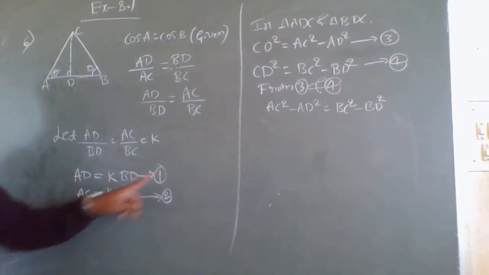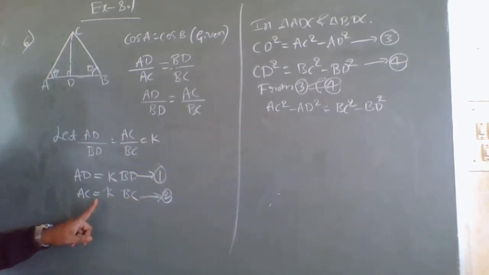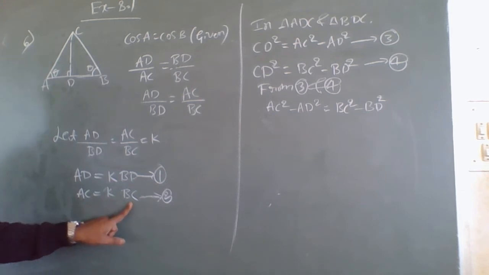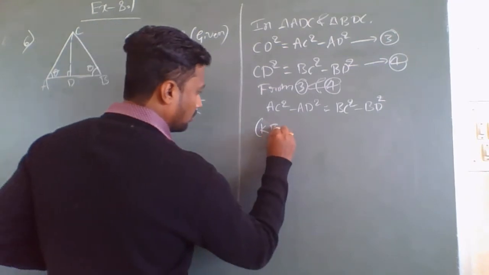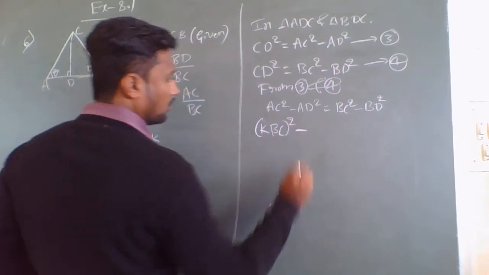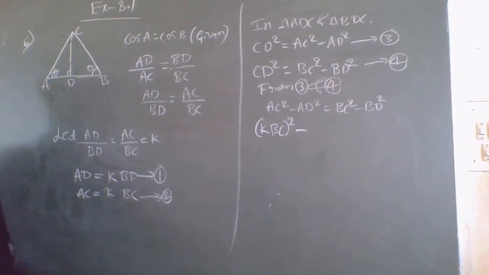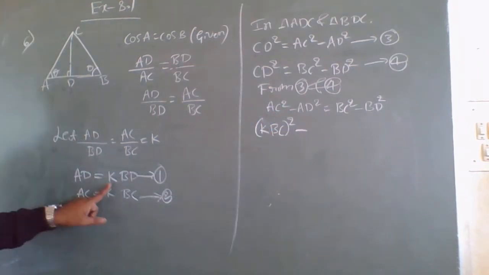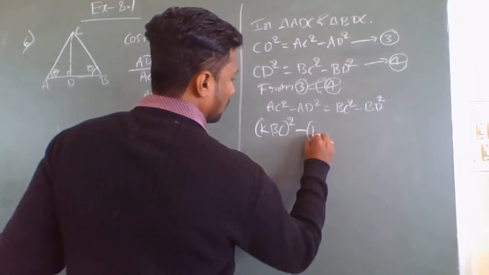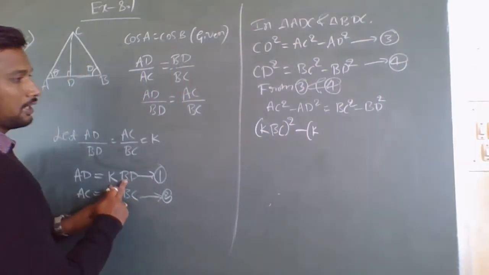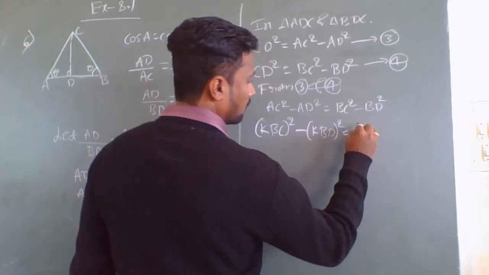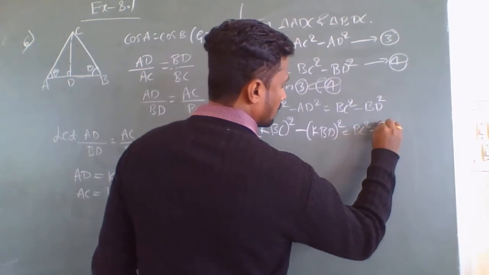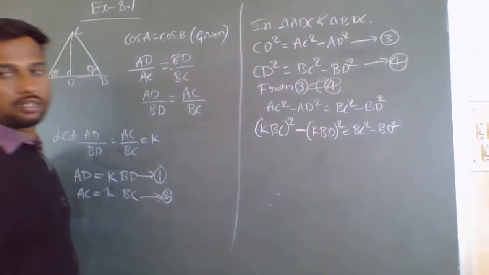So in the place of AC I will write K into BC whole square, minus AD square, where in the place of AD I will write K into BD, whole square, equals BC square minus BD square. We got this here.